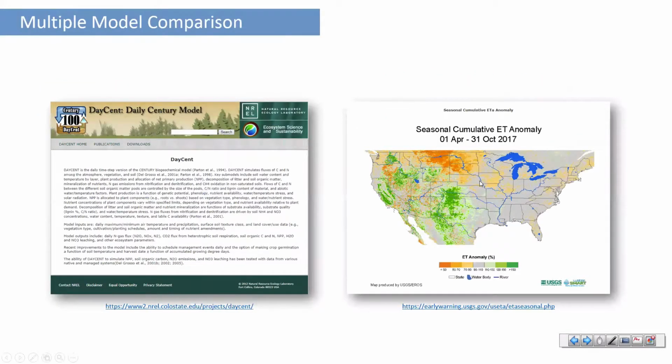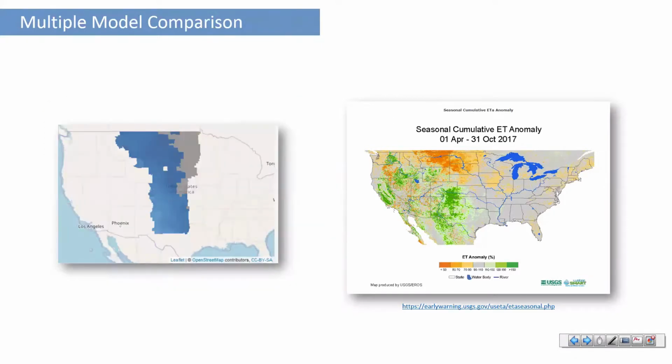So right when I first started the postdoc, Dennis and Gabriel were interested in trying to compare two evapotranspiration models. There's the CSU model DayCent that Dennis and Bill Parton had been working on, and then Gabriel's CBOP model. So we have two fundamentally different models here, and it was a challenge just to figure out how to even begin to compare them.